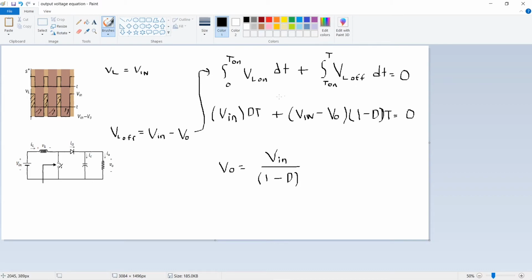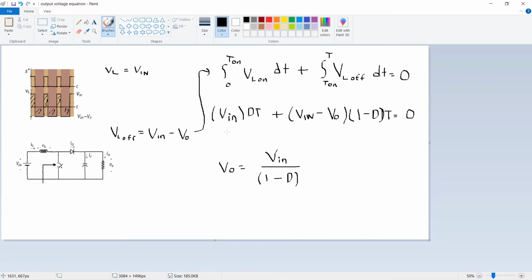And by substituting the equation here with duty cycle, we will get input voltage times duty cycle plus input voltage minus output voltage times 1 minus duty cycle, equal to 0.